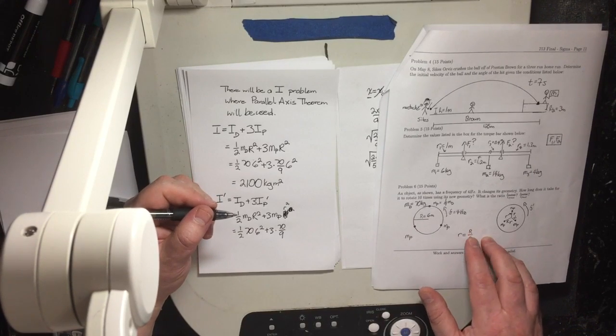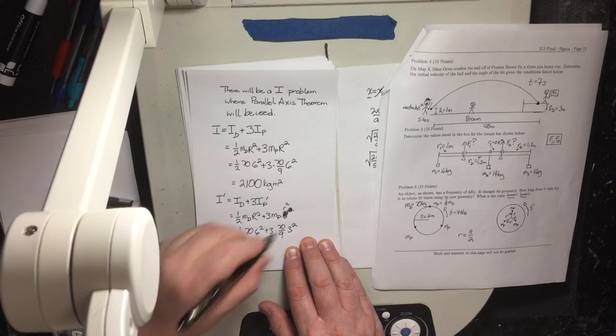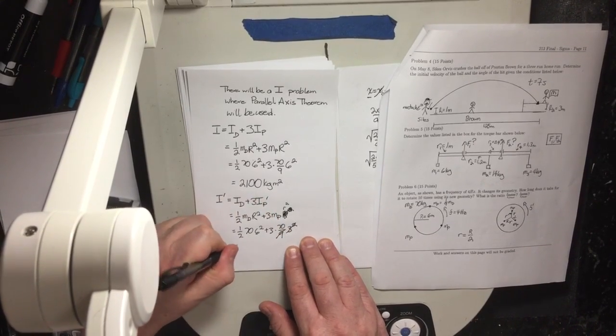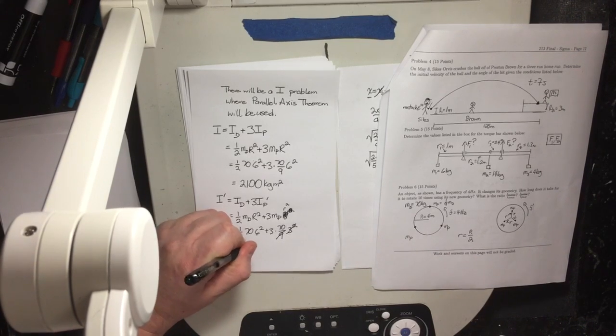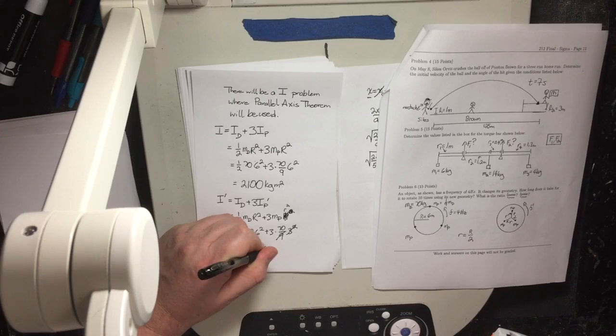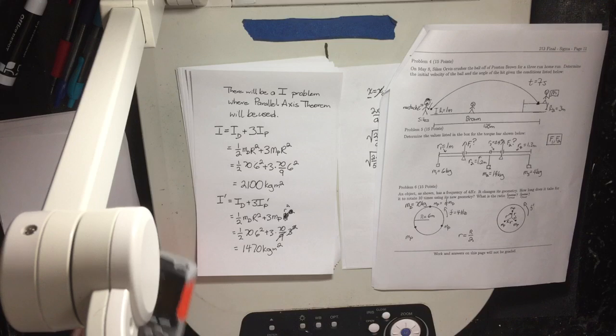Little r is big R divided by 2, so this is 3 squared. 3 squared divided by 9, that goes away. So this is 35 times 36, same as before, plus 210. That's 1470 kilograms meters squared. So those are the new moments of inertia. The moment of inertia went from 2100 down to 1470.